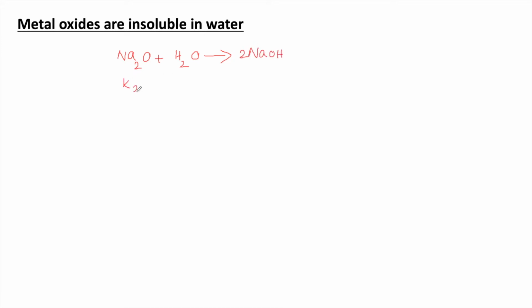The same way, potassium oxide plus water, that gives potassium hydroxide. Okay, so the metal oxides which are soluble in water, they form alkalis like sodium hydroxide and potassium hydroxide.